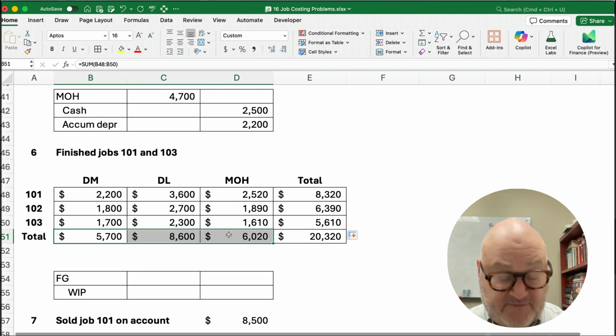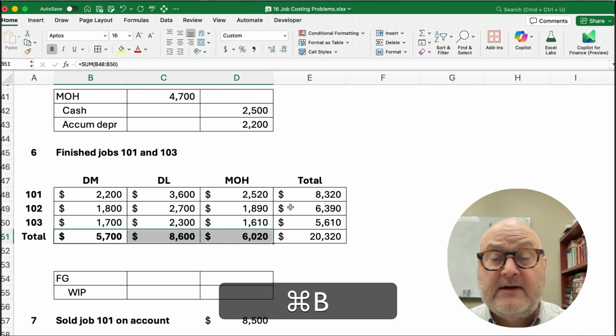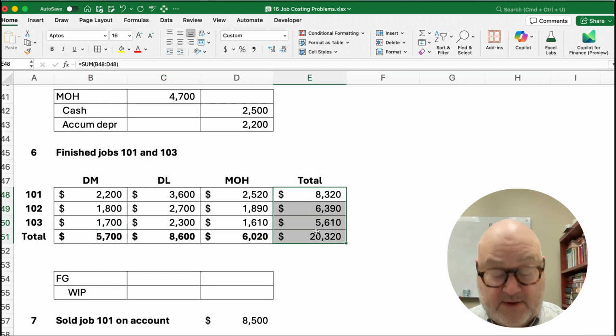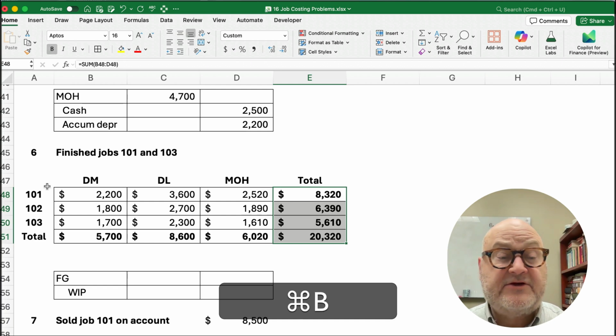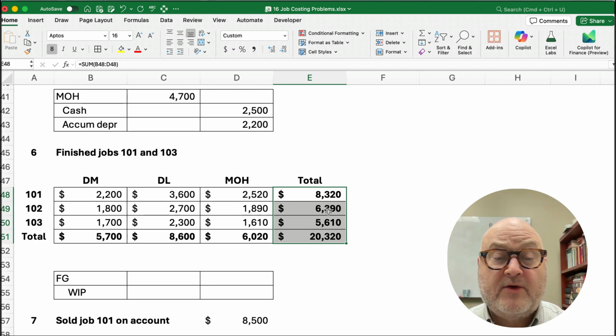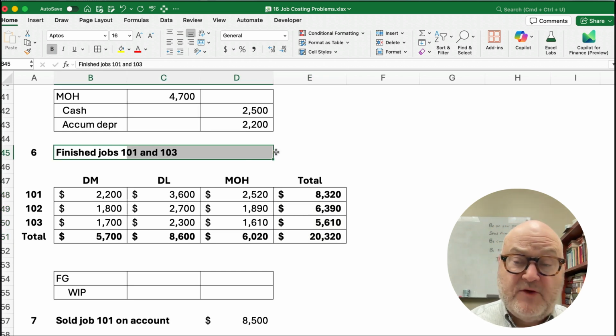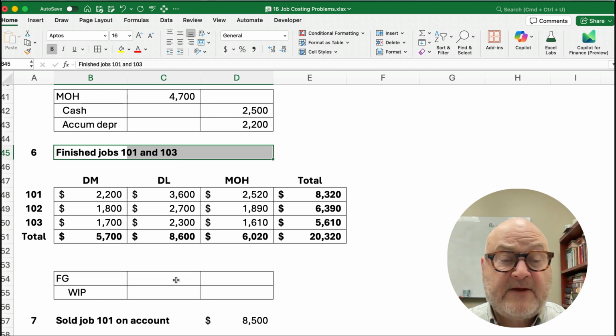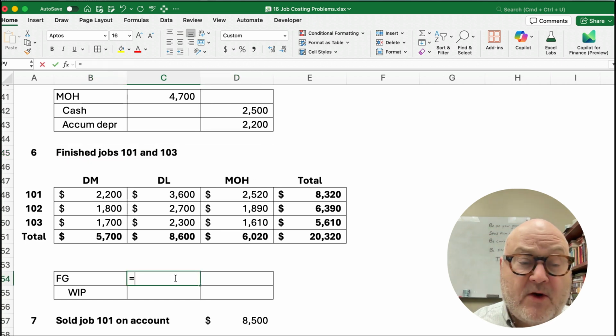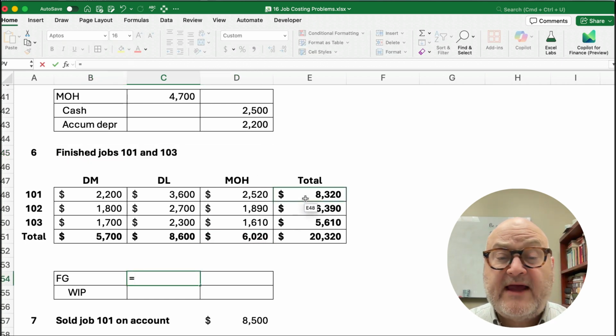These three are check figures that we already know, and then we care about what is the cost of job 101, 102, and 103. Now, it says we finished jobs 101 and 103, so we have to move them from work in process to finished goods. So what is the cost of job 101? 101 is 8,320.